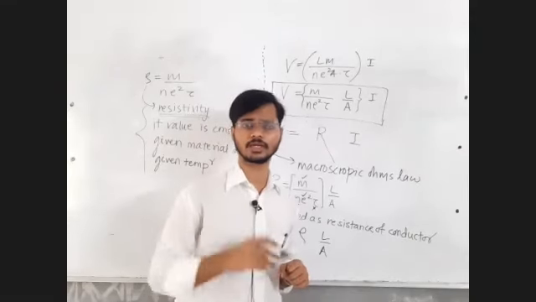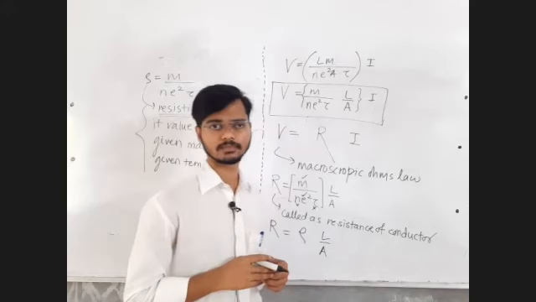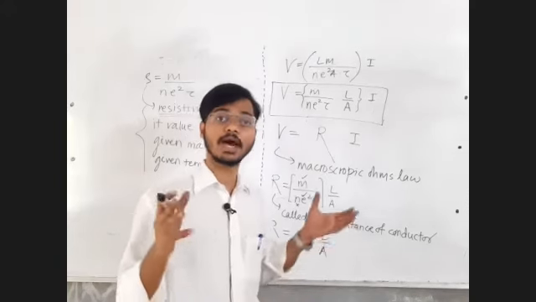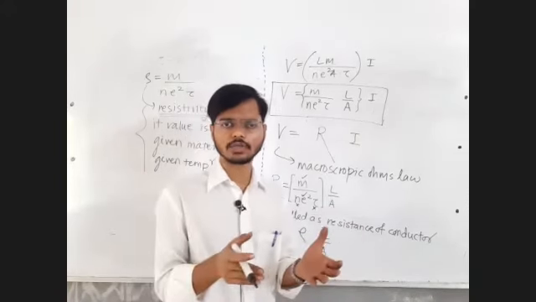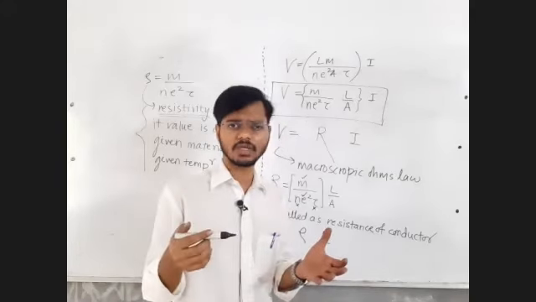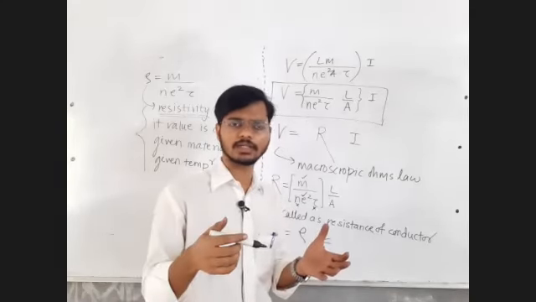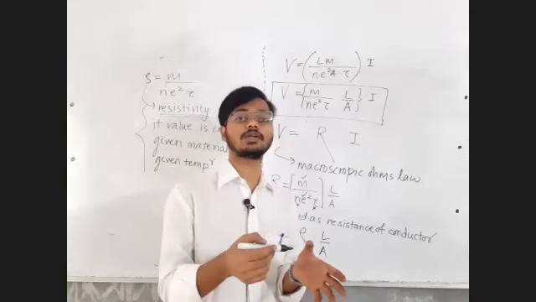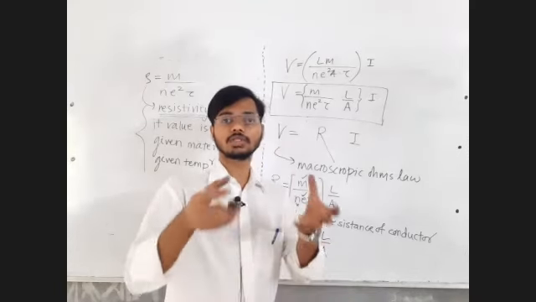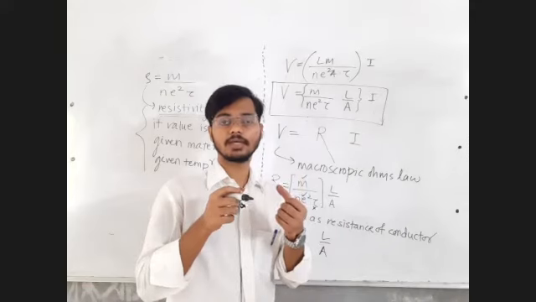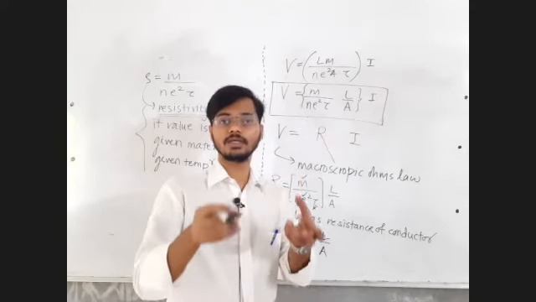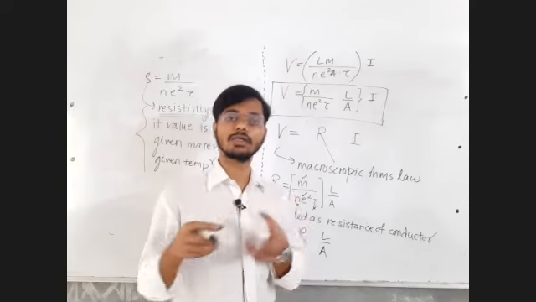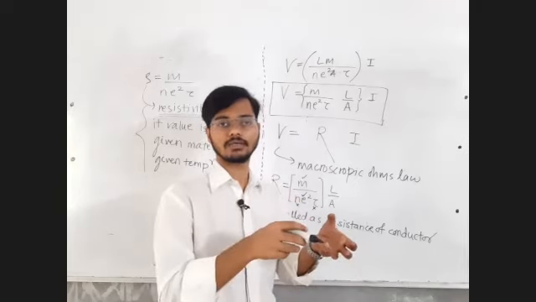Initially the insulators have very high resistance, so no current was flowing. You apply the electric field, no free electrons are present, but if you keep on increasing the electric field, a huge number of electrons can be made free from the atoms and they will now contribute to the flow of electricity.